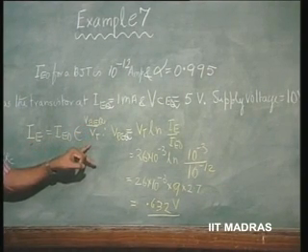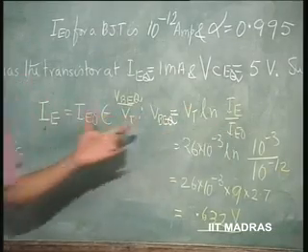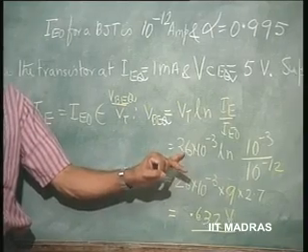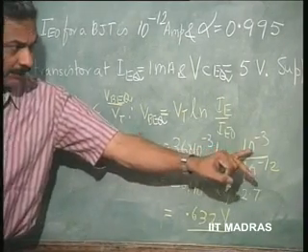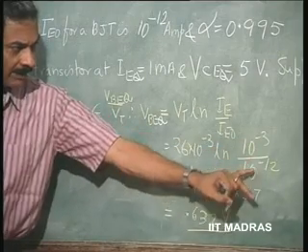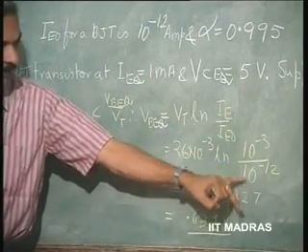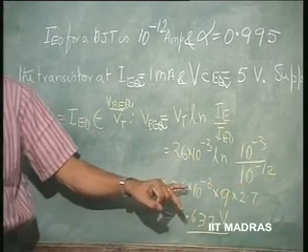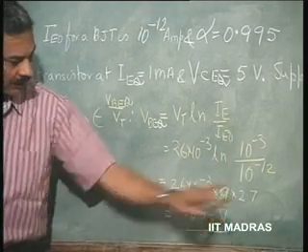This is the known diode equation. So V_BEQ is V_T log of I_E by I_E0 from this equation. V_T is known to be 26 millivolts, so 26 into 10 to the power minus 3 times log of 10 to the power minus 3 divided by 10 to the power minus 12. Here I_E is 1 milliampere and I_E0 is 10 to the power minus 12 amperes. So 26 into 10 to the power minus 3, this is 9 into 2.7 approximately.